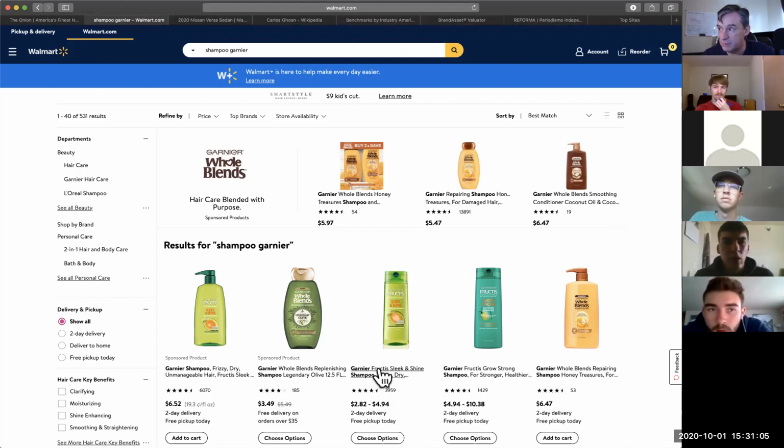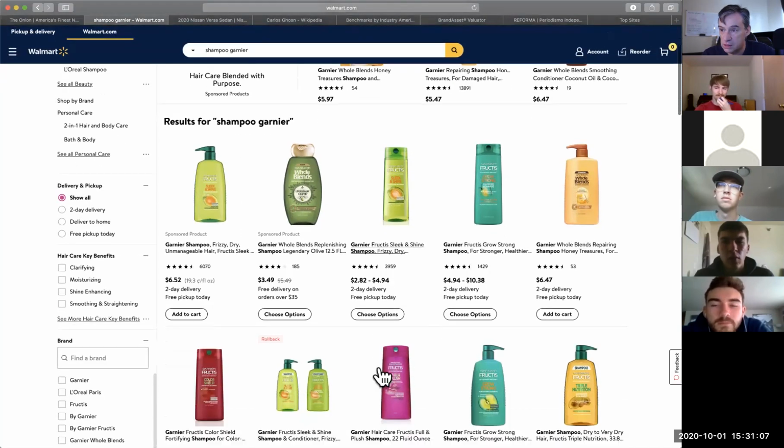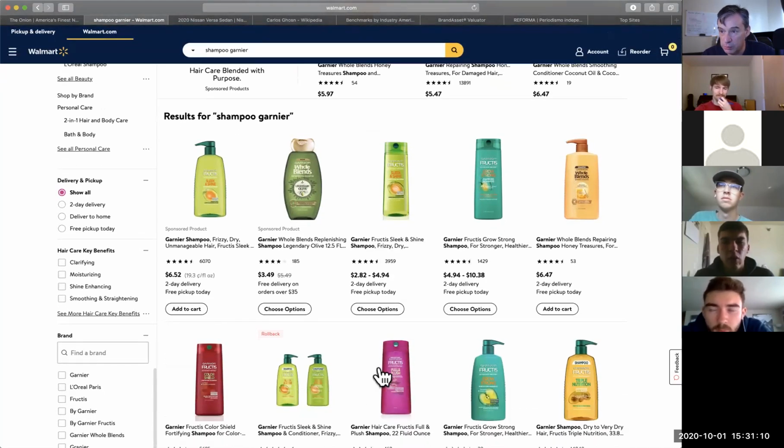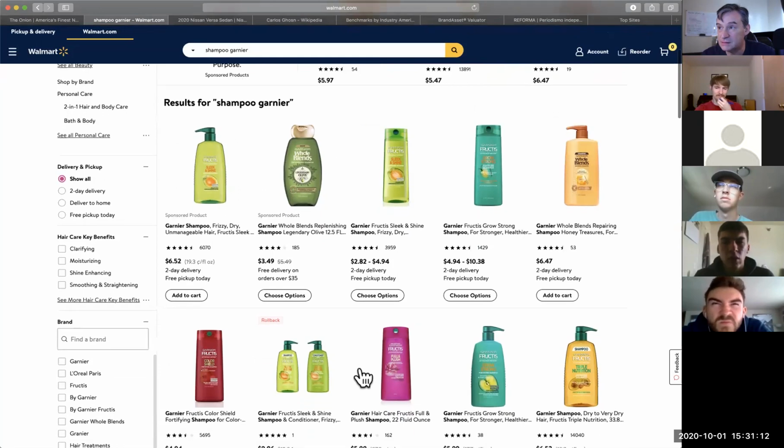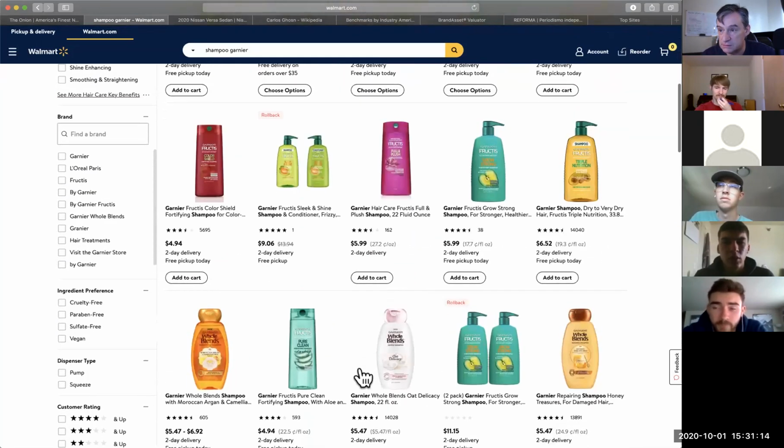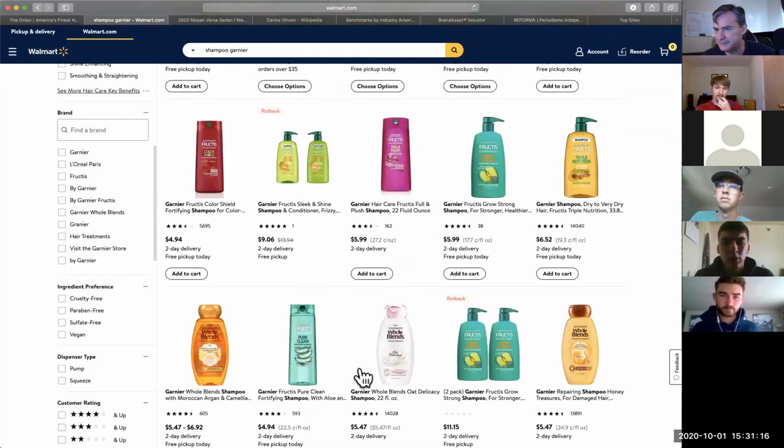If you look at the marketing offerings, you have mainly Whole Blends and Fructis. These are shampoos. And apparently they had huge marketing lines, and each of those lines with several marketing offerings. It's crazy. How can you educate a customer with something like this?